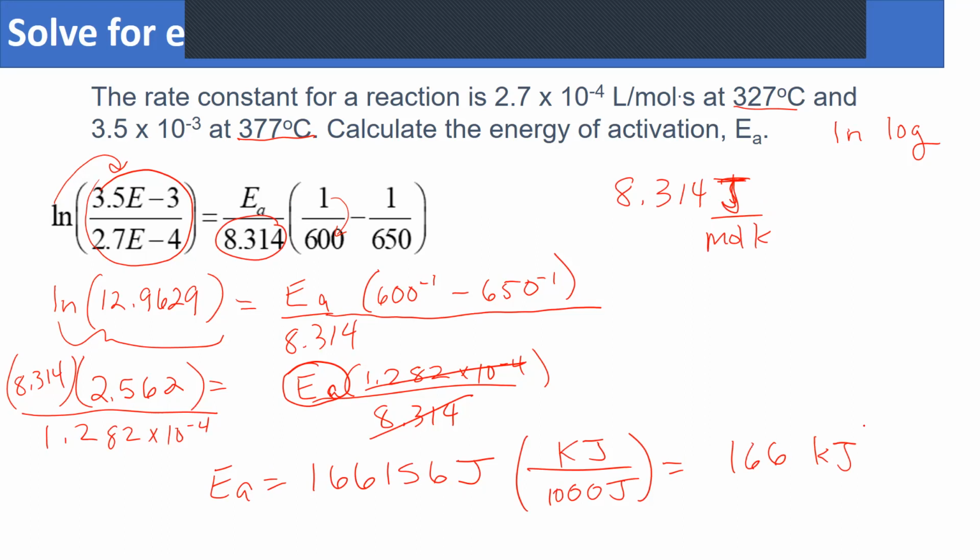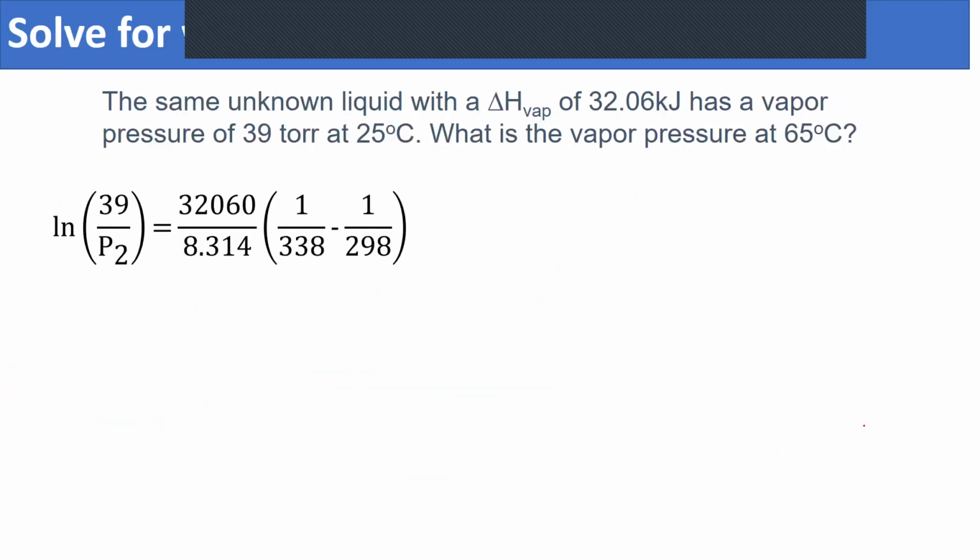All right. In the next example, I'm going to use the Clausius-Clapeyron. Again, read through the question, make sure you know how to plug in. The temperatures have been converted to Kelvin, and the delta H has been given in kilojoules. So I need to plug in joules because my R, 8.314, is in joules. That's also a common mistake that happens.